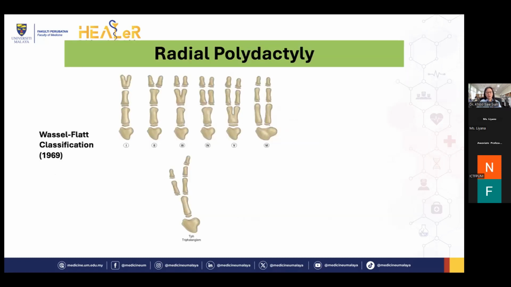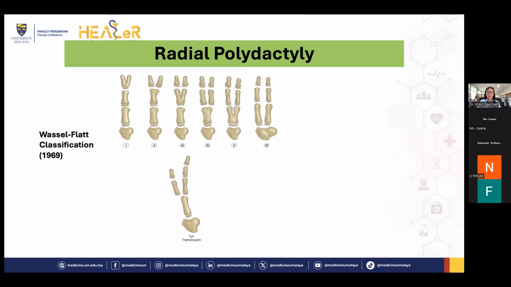The most common of all the congenital hand anomalies is radial polydactyly, or duplicated thumb. This is the classical Wassel classification that we use. It has 7 types. The odd numbers are bifid duplications, and the even numbers are complete duplications.